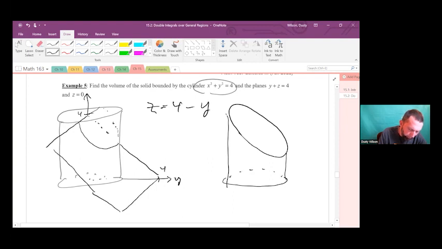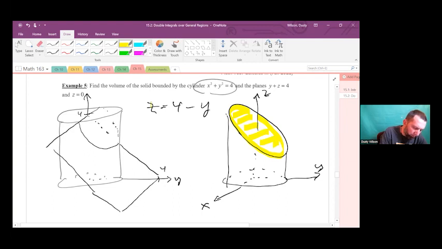Here is the z-axis, the y-axis, x, and this surface here will be z equals 4 minus y.